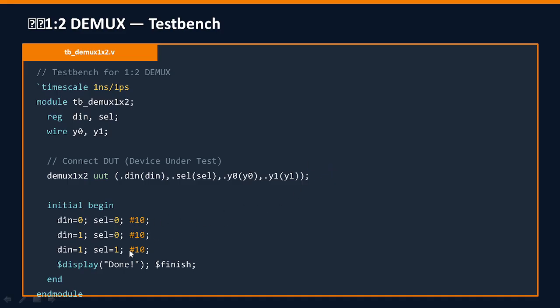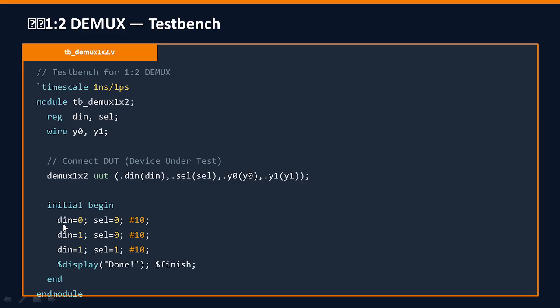Just think about why I don't have another test case. What will be the other test case? D in is equal to 0 and select line is 1. What is going to be produced? That will produce the same: y1 is equal to 0 and y0 is equal to 0. That point is covered here only. Why?